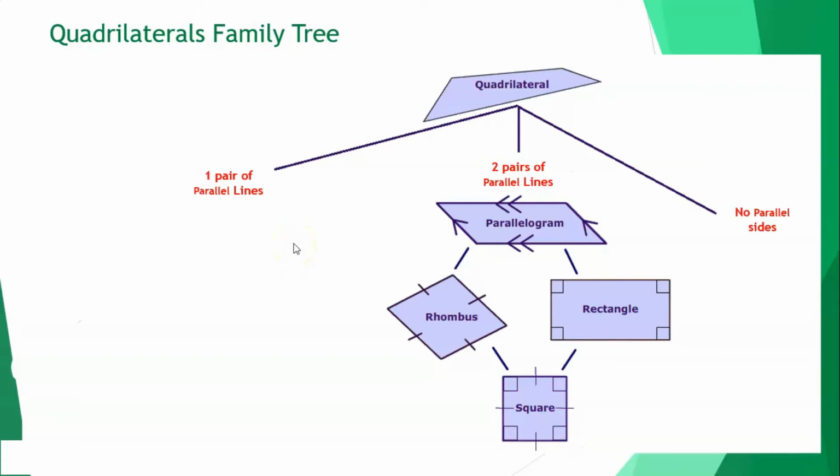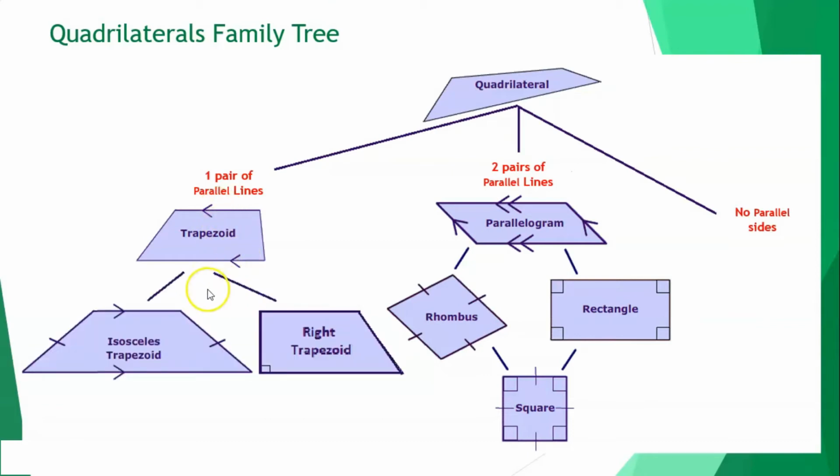Now another group of quadrilaterals are quadrilaterals with one pair of parallel lines, and it is considered a trapezoid. Take note, the markings here indicate that the sides up and down are parallel. A trapezoid has two kinds.